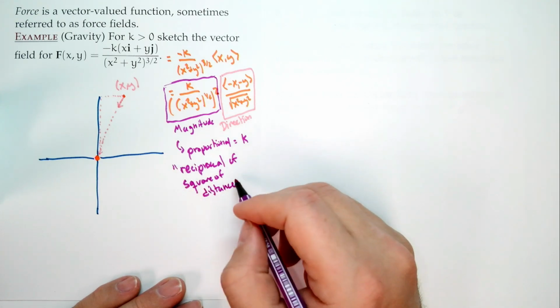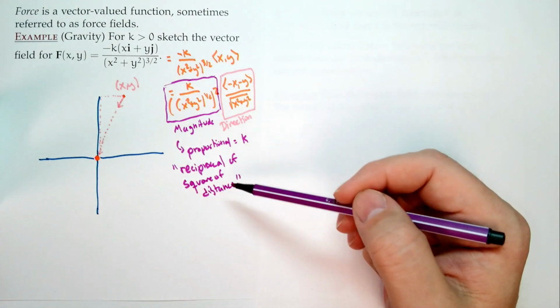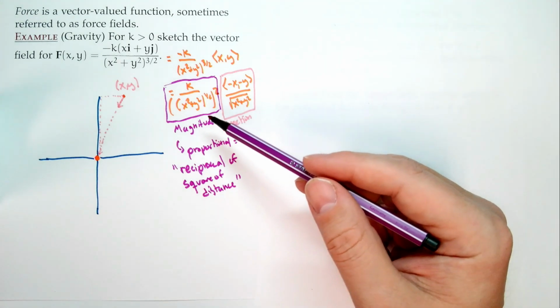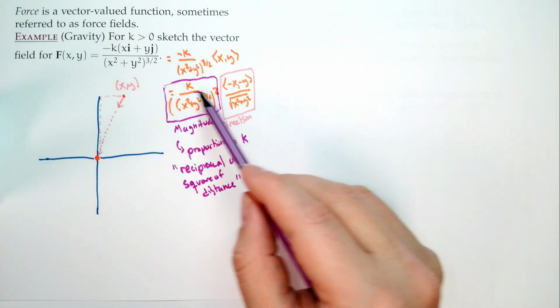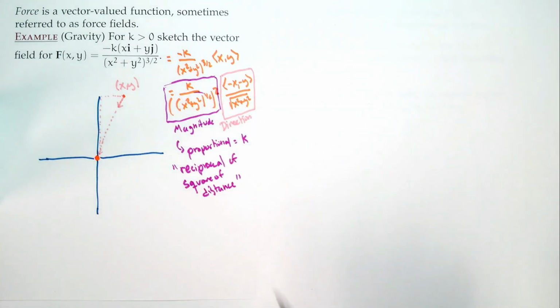How do we translate that statement? The reciprocal means 1 over, and the square of the distance says you take your distance function and you square it. Well, that's your distance function in there, x squared plus y squared to the 1/2. We squared it, and then it's on the bottom, so it's a reciprocal. So that's why this is gravity. It's proportional to the reciprocal of the square of the distance.